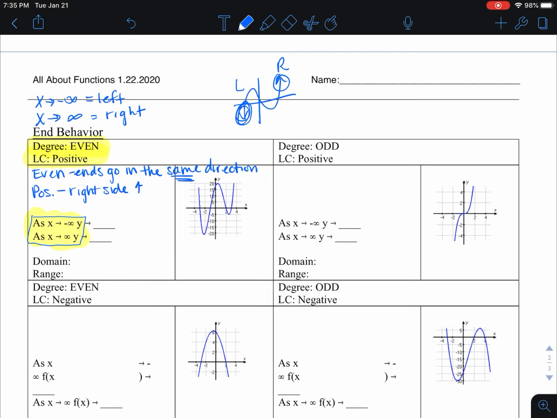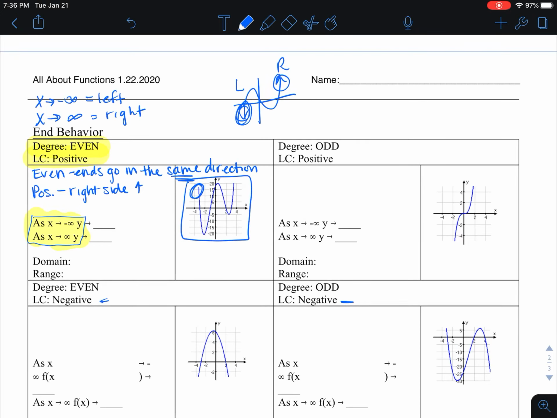Now positive means the right side goes up. When we're talking positive and negative, like down here in the second boxes, all that means is it's talking about the right-hand side of the graph: where is the graph going as you read it from left to right? This is an example of even and positive. Looking at this graph, as x goes to negative infinity, the left-hand side, where is it going?